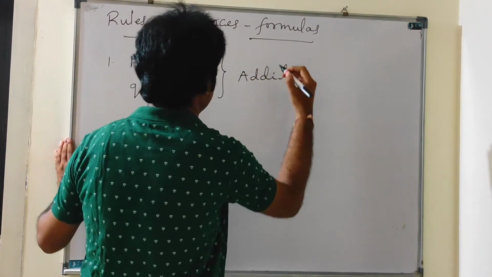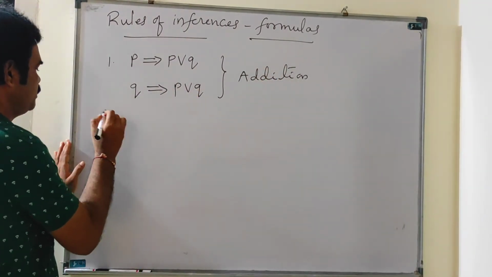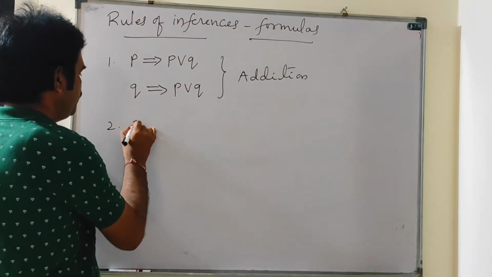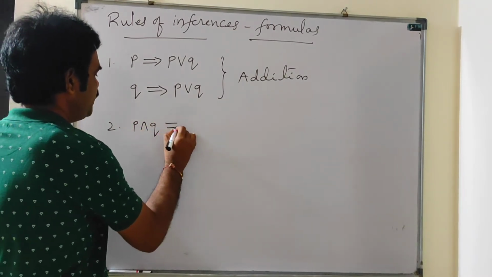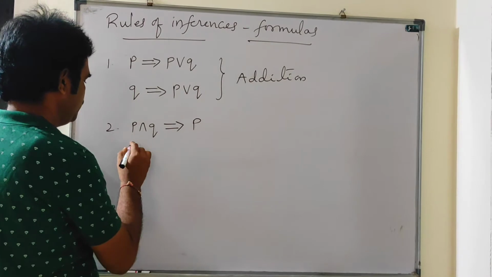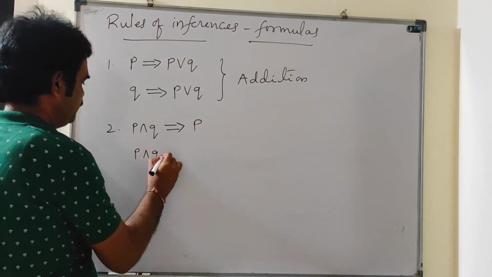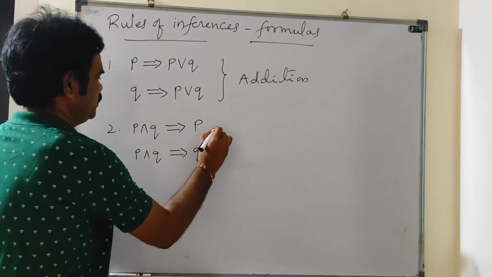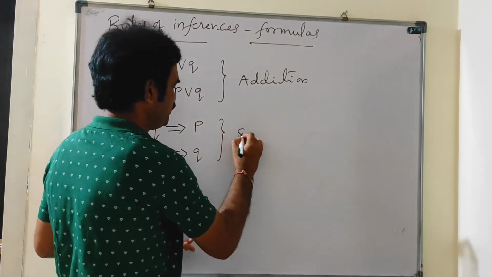Next, P and Q imply P, P and Q imply Q. This is known as simplification.